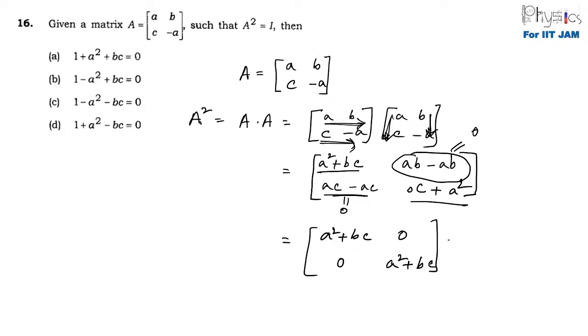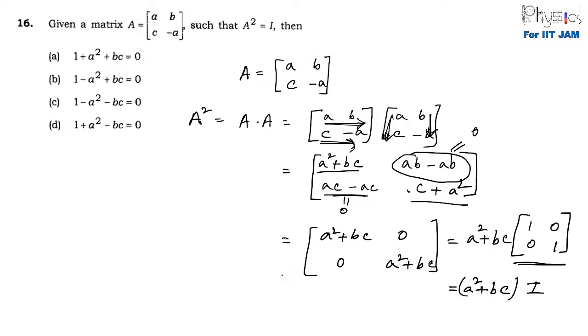So we have A square plus BC times the matrix [1, 0; 0, 1]. Now what is this one? This is the identity matrix, right? That is A square plus BC times I.